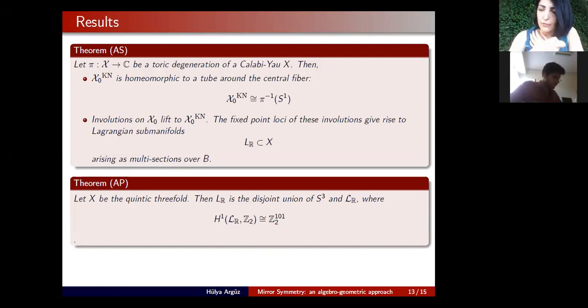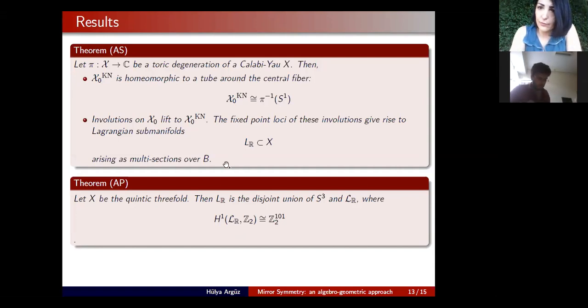So there's a definition of a topological space using sheaves and log structures, and we showed that this definition gives you a tubular neighborhood around the central fiber of your degeneration. So you take a small circle S1 on your base and you look at pi inverse of S1, and the Kato-Nakayama space is homeomorphic to this.